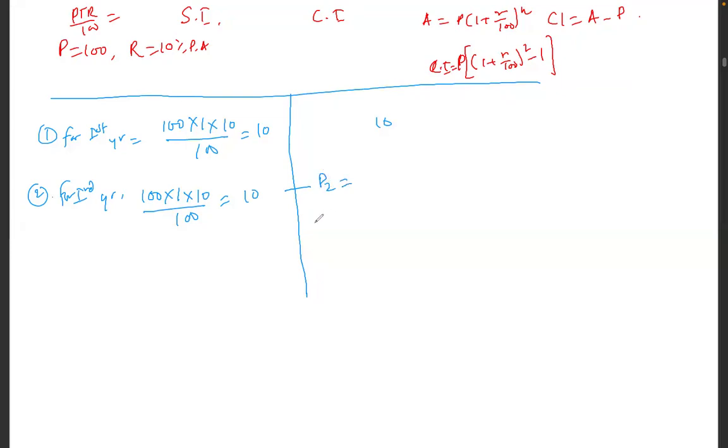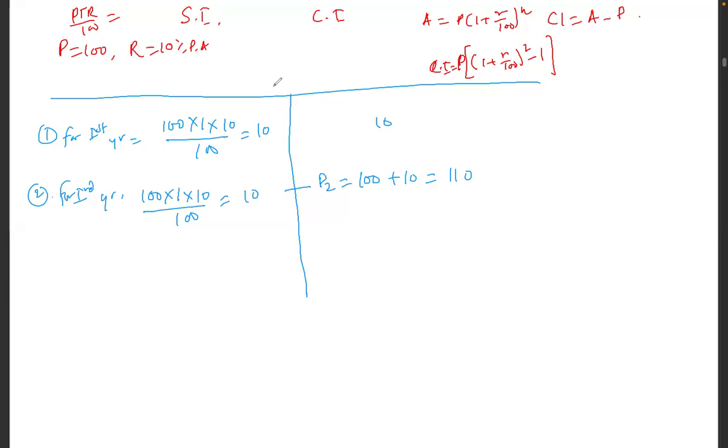Principal for the second year is equal to principal of the previous year plus interest of the previous year. So what was the principal in the first year? 100. Plus interest of previous year is 10. So this becomes how much? 110.